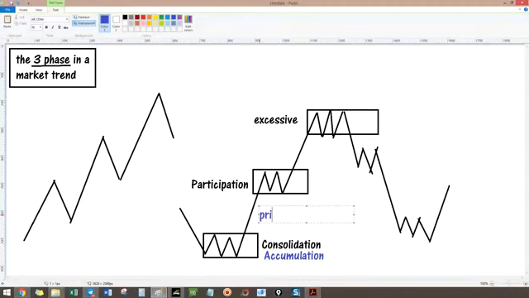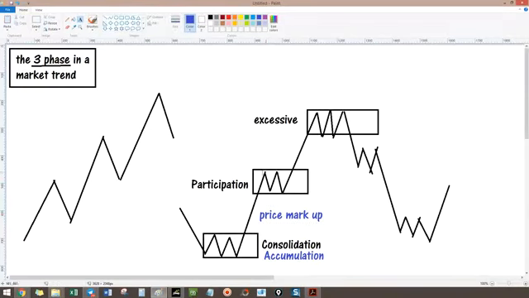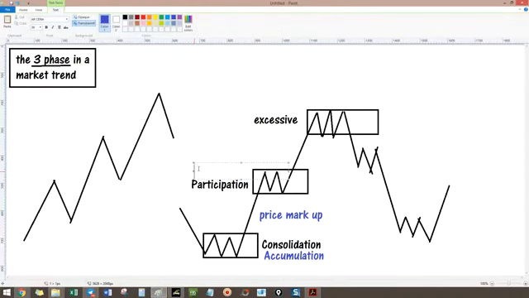Okay, price mark up. Okay, and then people start notice about this, so it creates awareness, which creates reaccumulation. Okay, so over here is reaccumulation.